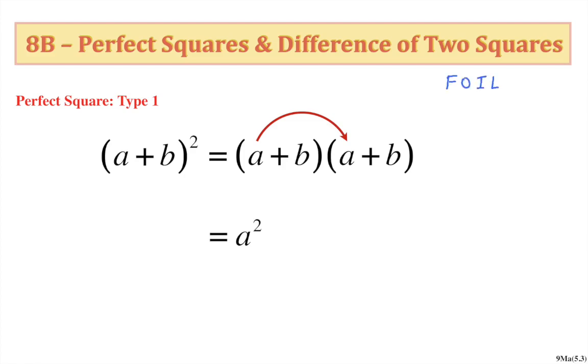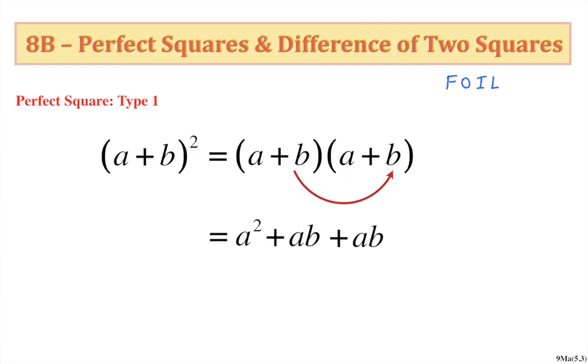FOIL method. So we've just used the first two terms. Now we're going for the outside terms, which are a and b. A times b is ab, and it's positive ab. Now we're going to go for the inside terms, which is b times a. B times a is ba or ab. Doesn't matter what order we put the letters in. And finally, we now have the L, which is the last term in each bracket.